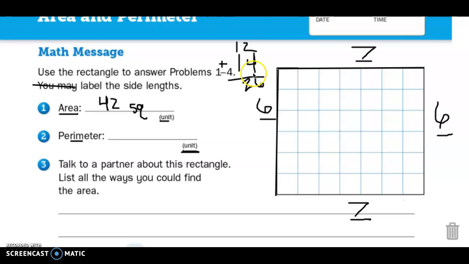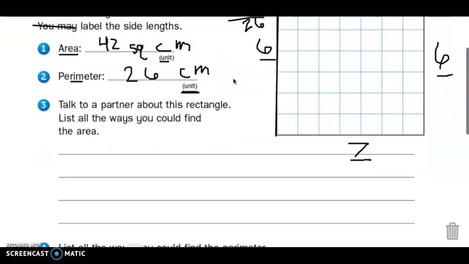Boys and girls, niños and niñas. What would our perimeter be? 26. And what did we say our measurement was? Centimeters. And then I accidentally erased our centimeters right there. There we go. Wonderful. If these were not the answers you got, hopefully you saw your mistake and you should have it corrected.